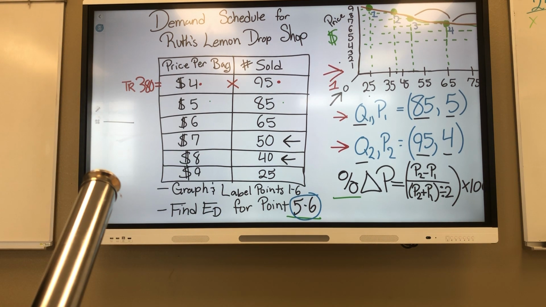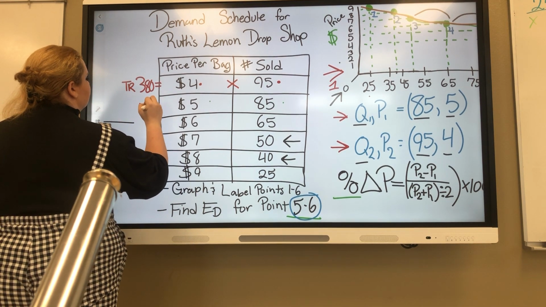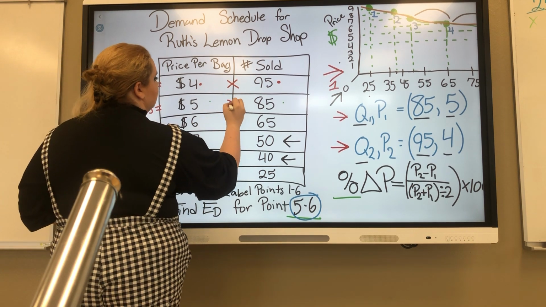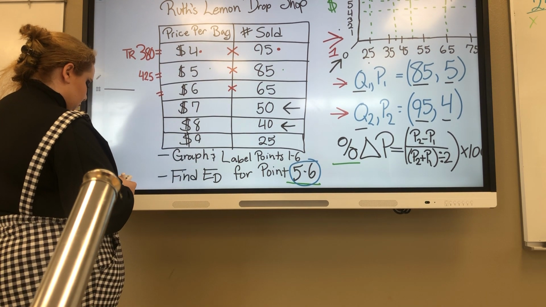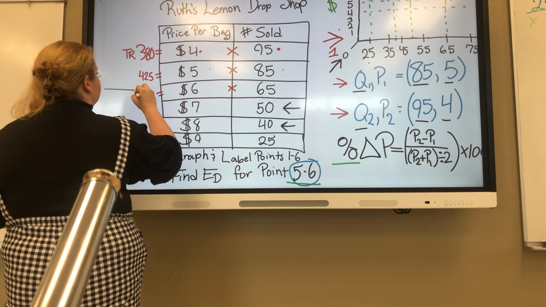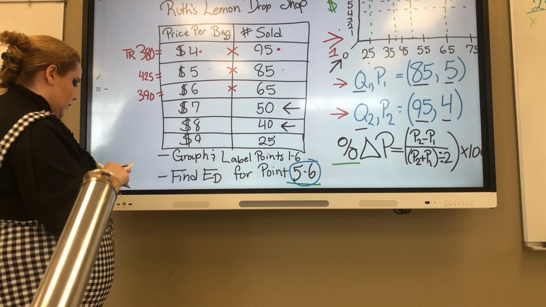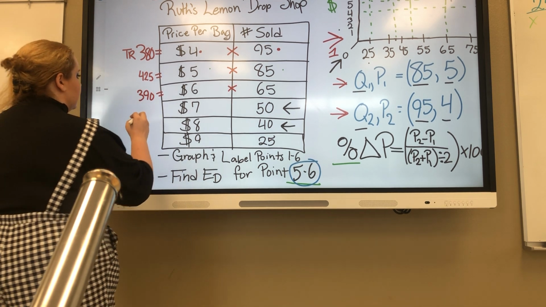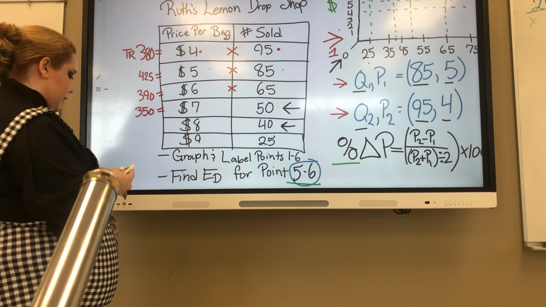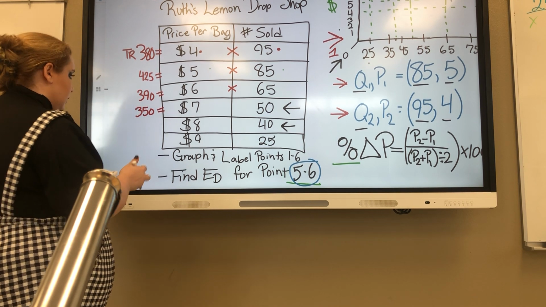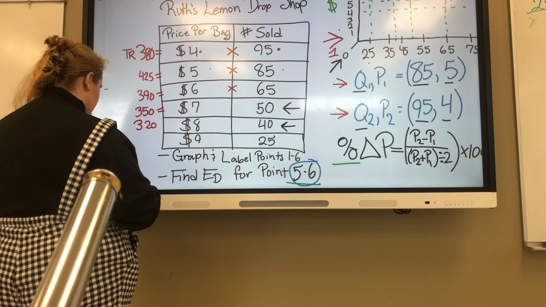So 5 times 85 is going to be 425. 6 times 65, it's going to be 390. 7 times 50, 350. 8 times 40, 320. And 9 times 25 is going to be 225.